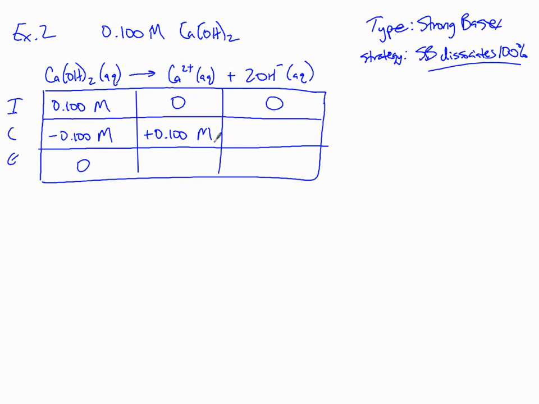Now here's where the balancing comes into play. There were 2 hydroxides for every formula unit here, which means we have to have 2 hydroxides for every 1 calcium. If we dissolve 0.1 molar of this, we're going to have twice as much hydroxide. So we are going to have 0.2 molar hydroxide as the change.